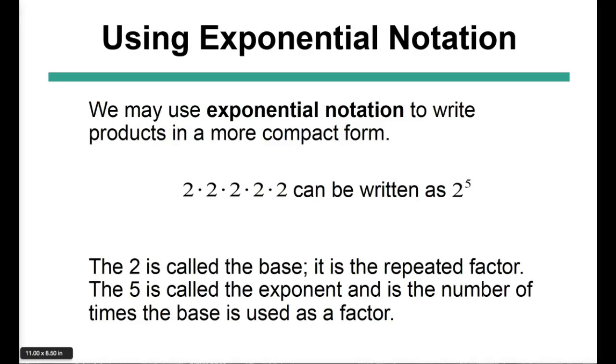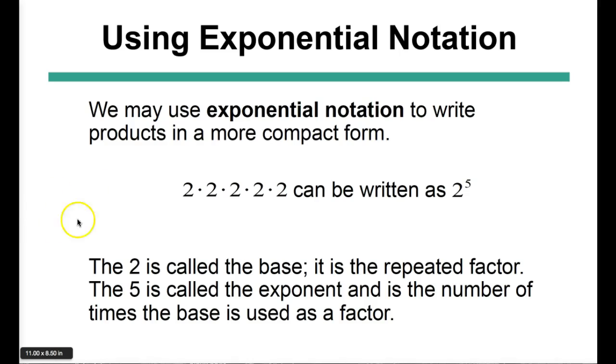This video will be about exponential notation and how to use it, as well as being able to evaluate expressions that have exponentials in them. So in general, whenever we say something is in exponential notation, what we're really trying to do is find a compact way of saying some number is multiplied times itself a certain number of times.